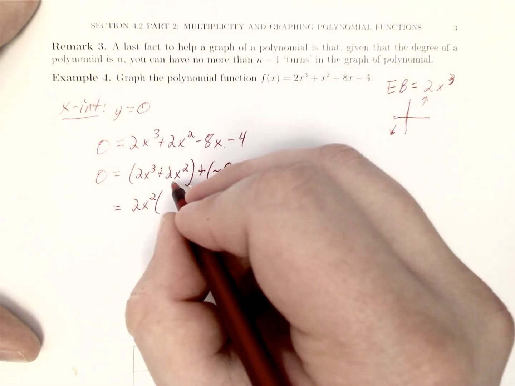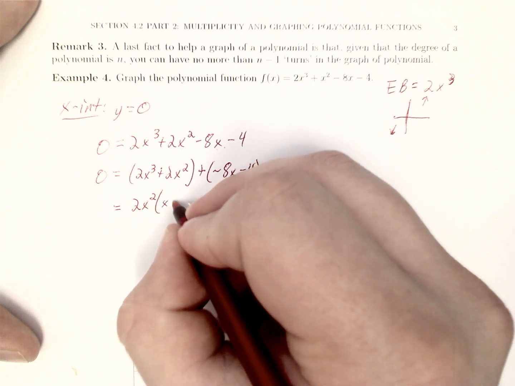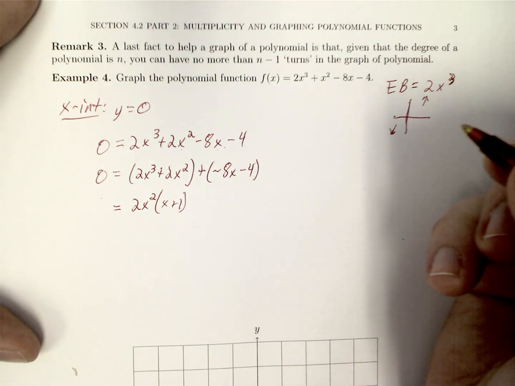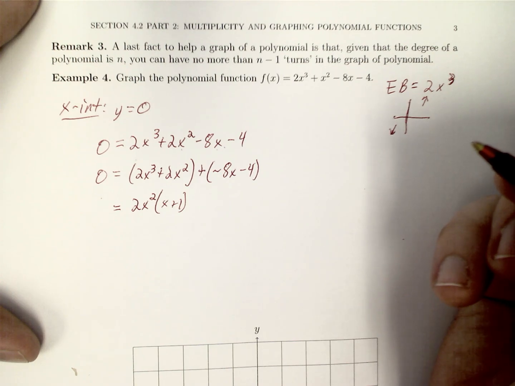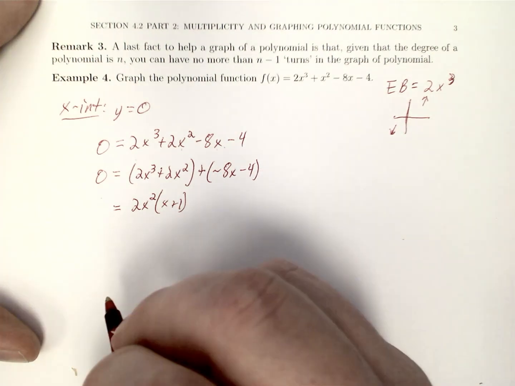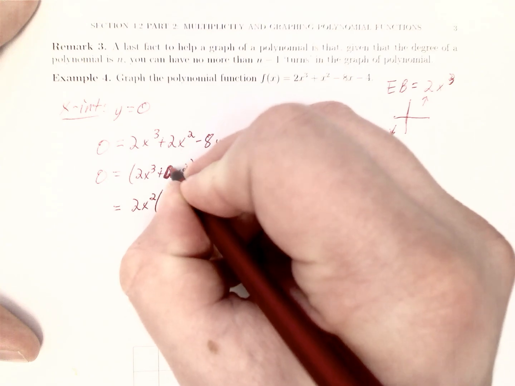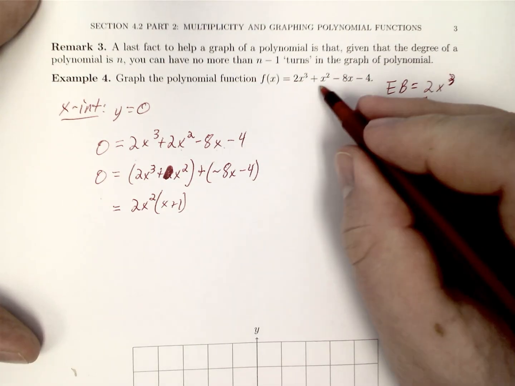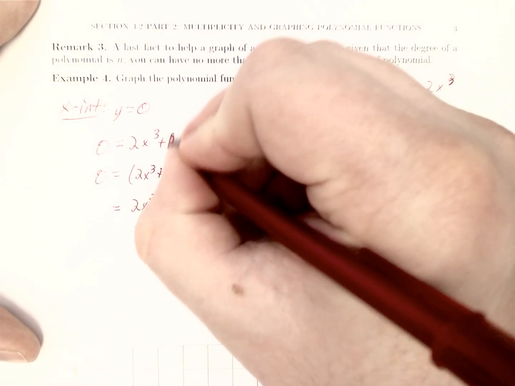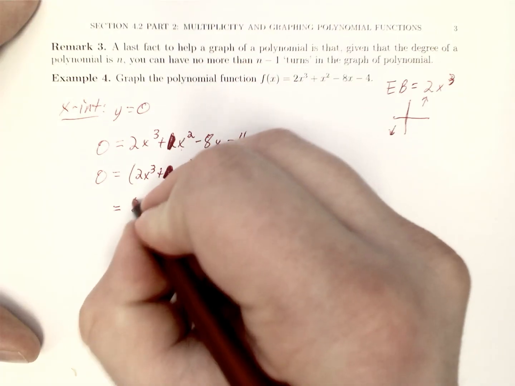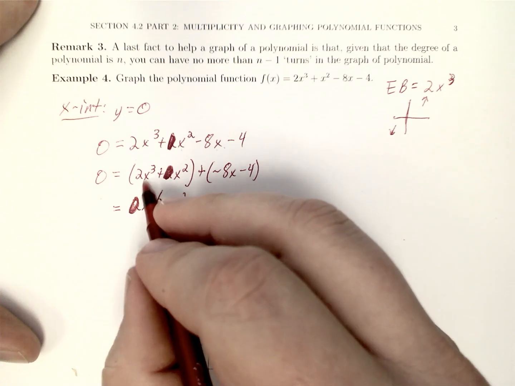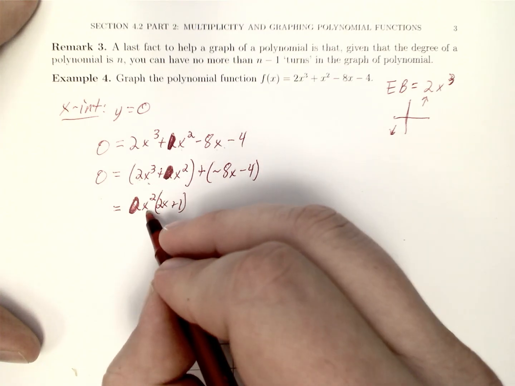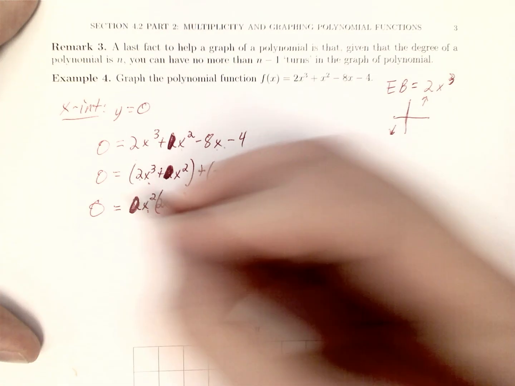And we have 2x squared times x plus 1. And here we can factor, excuse me, I wrote this down incorrectly. It should be plus x squared. I was wondering why things were about to come out weird. So this should be x squared times, between 2x cubed plus x squared, we can only pull out an x squared. Again, excuse me about that.